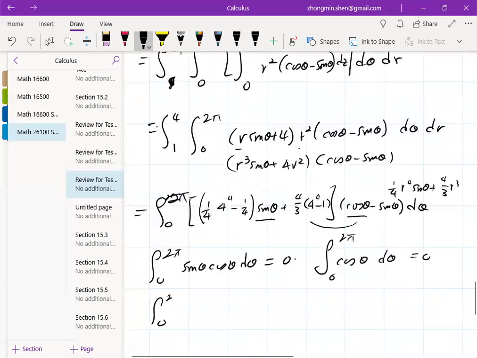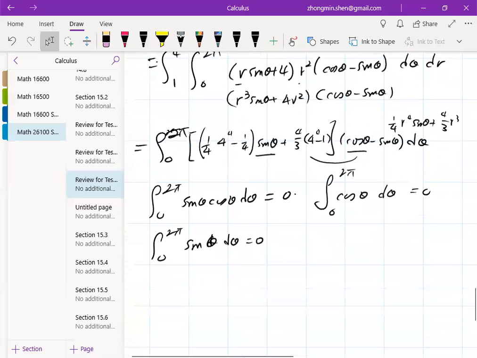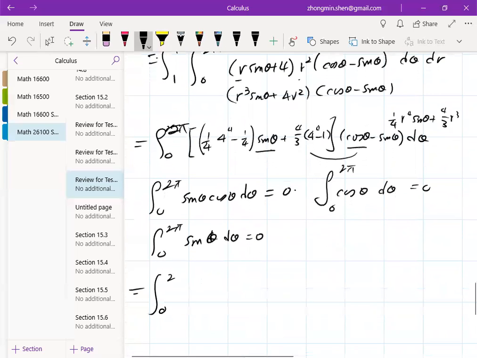And the integral of sine theta is also 0. So the only non-zero term is sine square theta. So this can be the integral from 0 to 2 pi of negative sine square theta d theta.